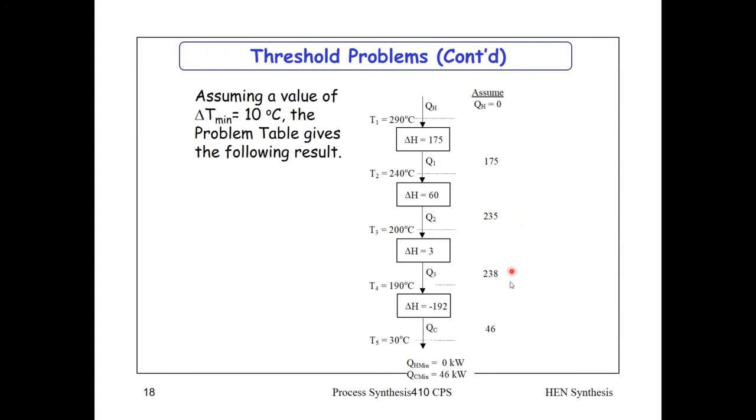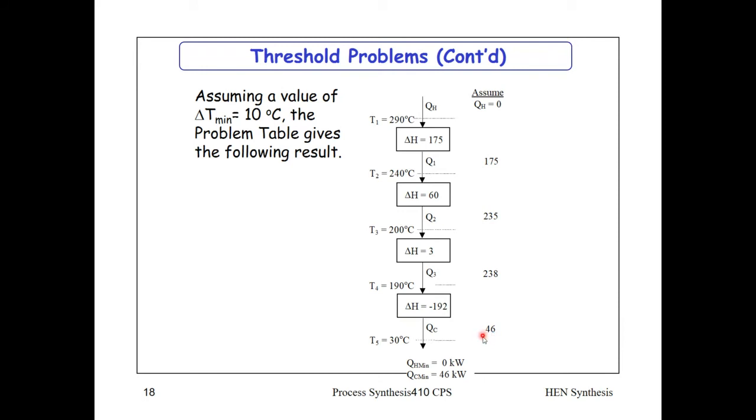Okay. So that is the one option when there's more enthalpy in the hot streams than in the cold streams. Then you need some extra cold utility. You need cold utility, but you don't need hot utility. That's the one type of threshold problem. The other one is you start at 0 and you end up with the smallest number down at the bottom here.